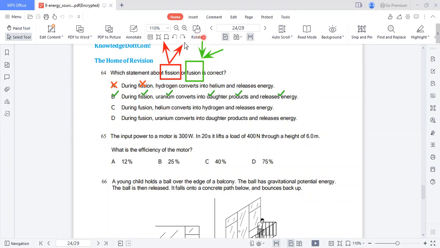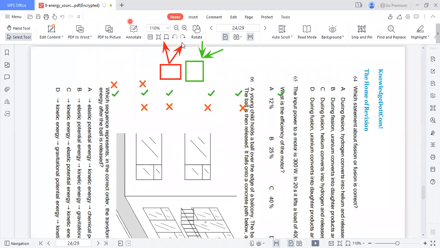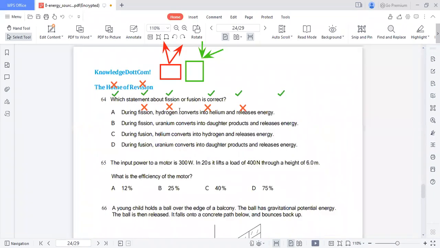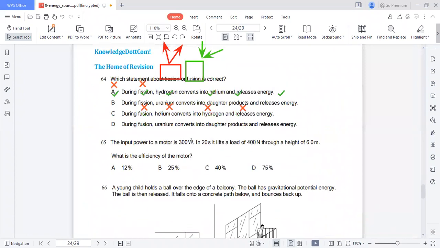So this statement looks wrong. Now it means C is also incorrect.